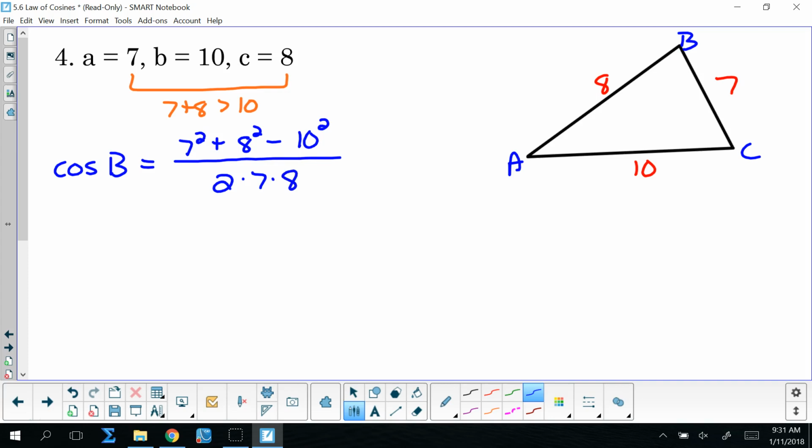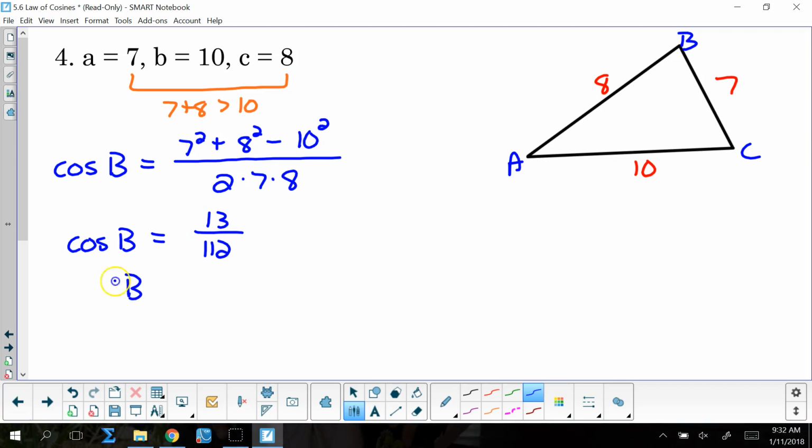That gives me the cosine of B equal to 13 over 112. So angle B is going to be the inverse cosine of that.